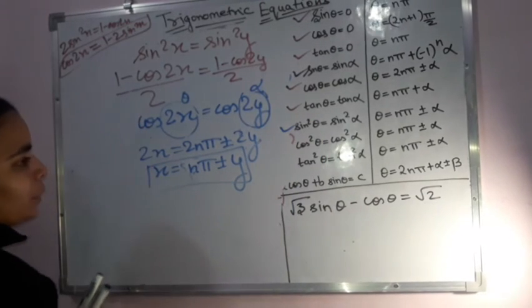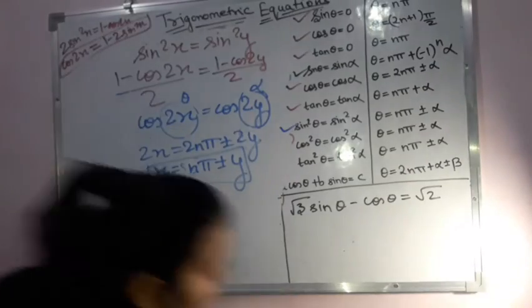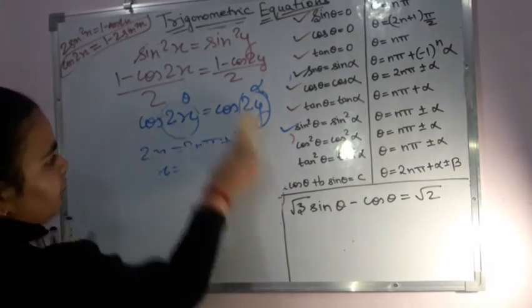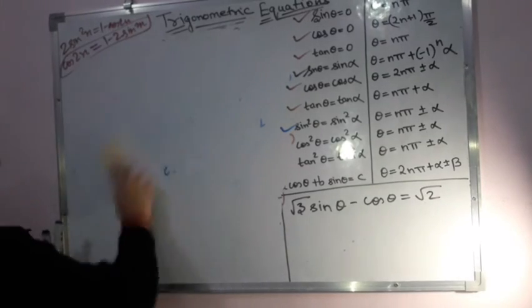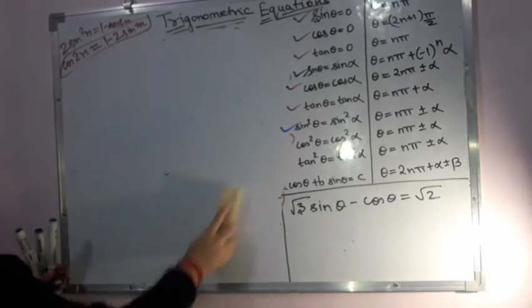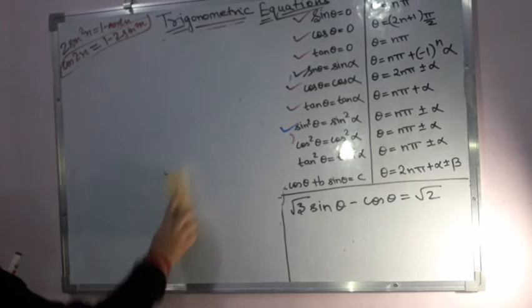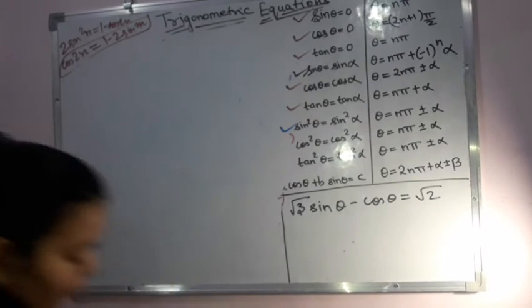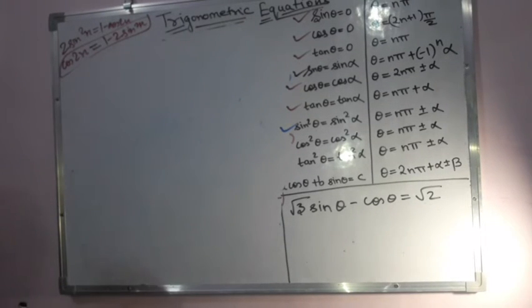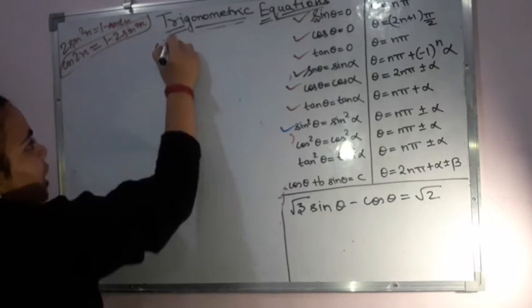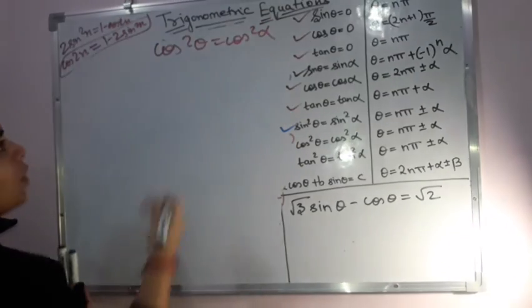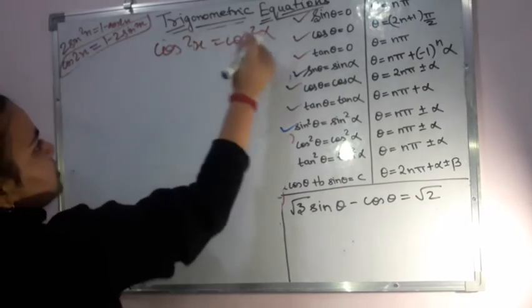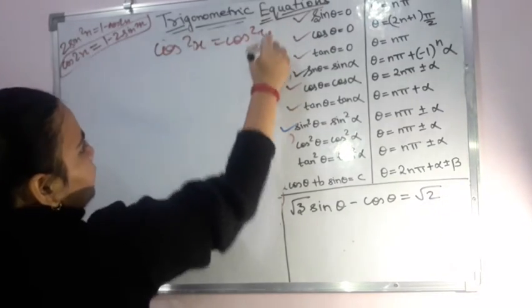Right? Now, after this we will be seeing for cos square theta is equal to cos square alpha. So quickly seeing that one. It is going to be the same. The only thing is the formula that you have to use in the beginning. And so the formula will be just the opposite, means the sign will be changed and other things will be the same. So we have cos square theta is equal to cos square alpha. Or let us say cos square x is equal to cos square y.